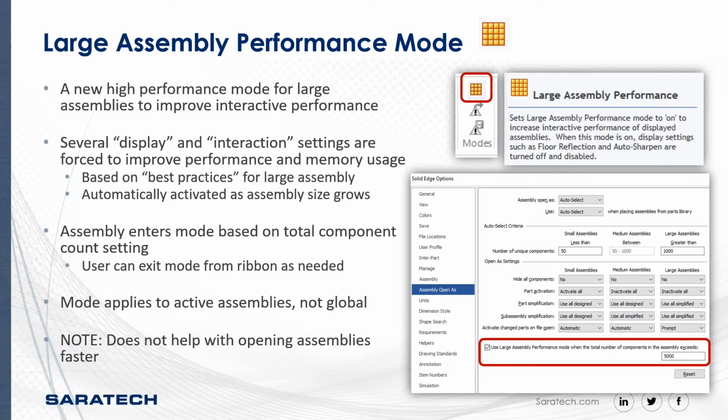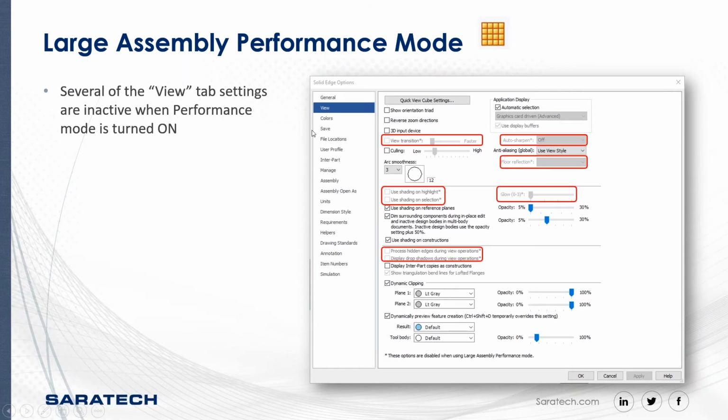Okay. So, several of the view tab settings. If I come over here under my Solid Edge options and I go under view tab settings, they're inactive when performance mode is turned on. So you can see here, everything I've highlighted in red becomes inactive, especially showing hidden lines and showing shadows.